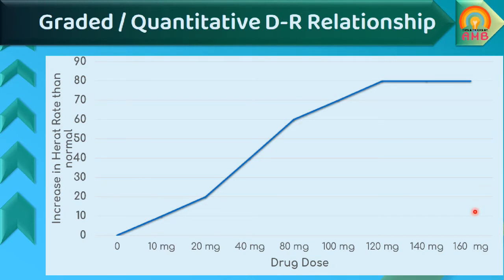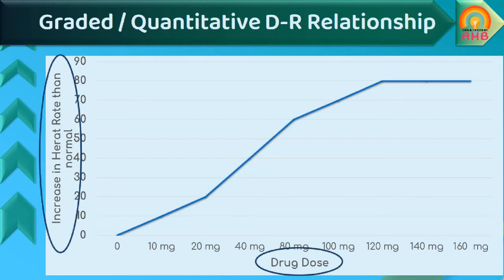Understood? Here we will see the effect of a drug on heart rate. We will see how much heart rate increases above the normal level with administration of a dose of the drug. Here we plot a graph of drug dose against the response, that is, increase in heart rate over normal.